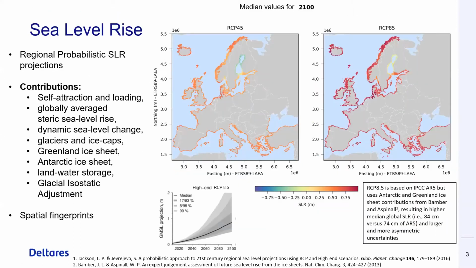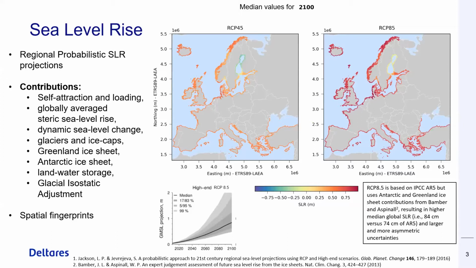So for sea level rise, in this study, we have used the regional probabilistic sea level rise projections from Jackson and Jevrejeva from 2016. These include two RCPs.